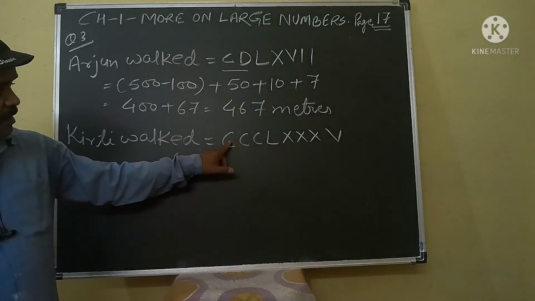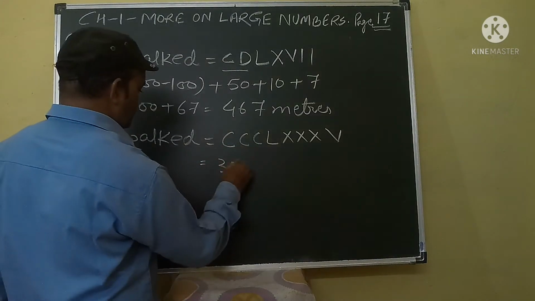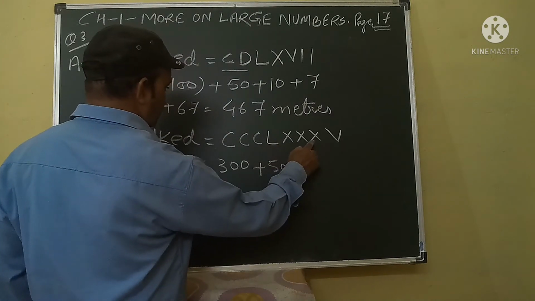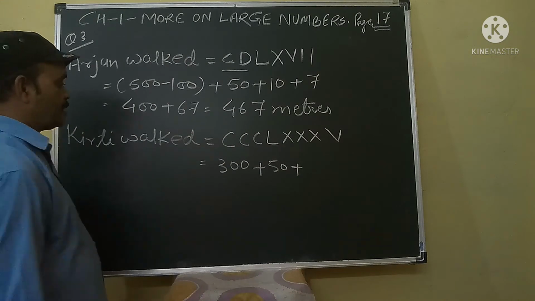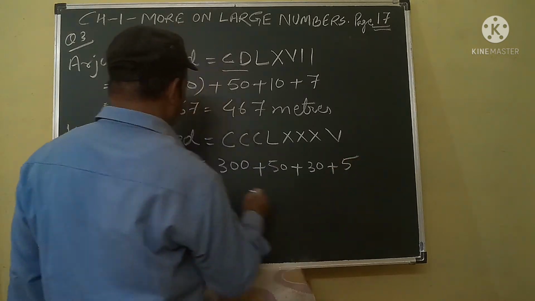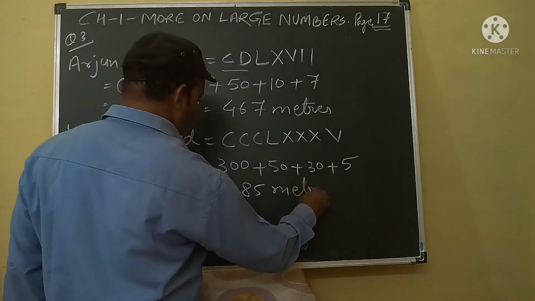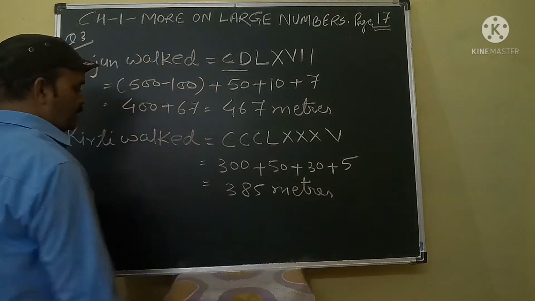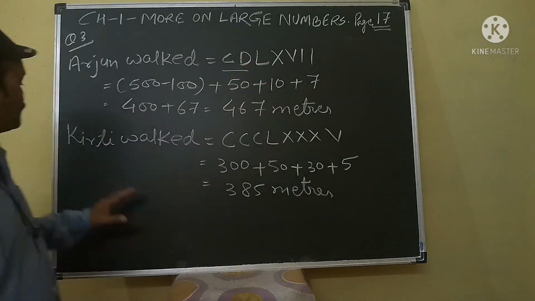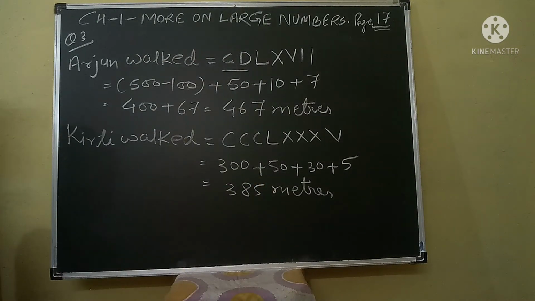C is the symbol of 100. 100, 100, 100 means 300. L means 50. X, X, X: X is the symbol of 10, so 10, 10, 10 means 30, and this is 5. So you will get 385 meters. Arjun walked 467 meters, Kirti walked 385 meters.